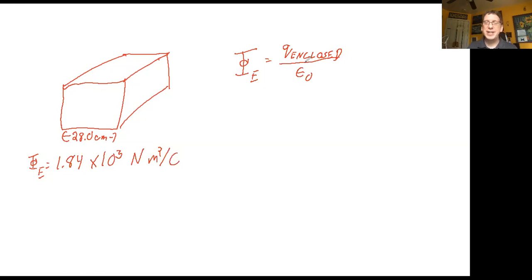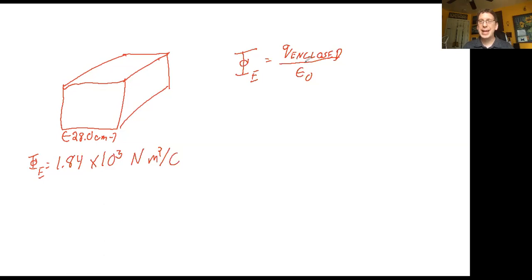Signs, positives and negatives, don't matter really if you're talking about a flat surface, but if you're talking about a fully enclosed surface, the signs do matter. If the electric field is pointing into the surface more than out, then the flux through the surface will be negative.